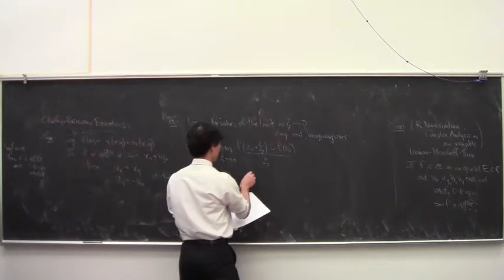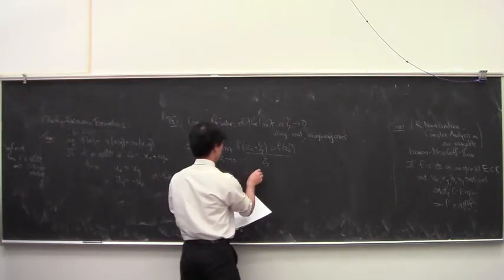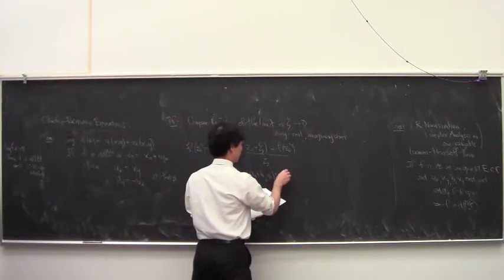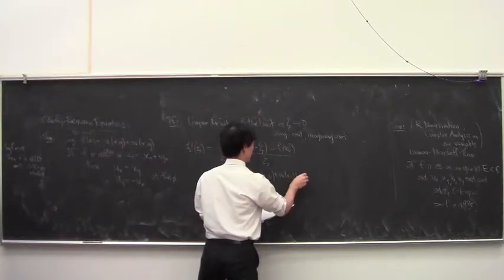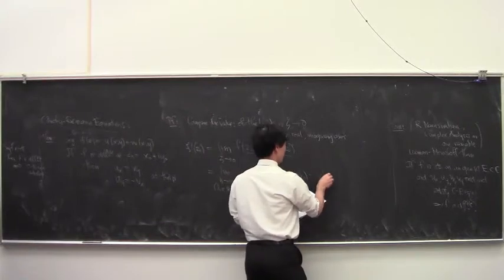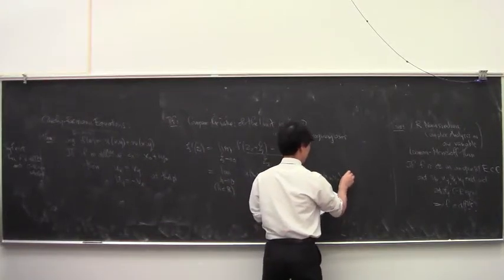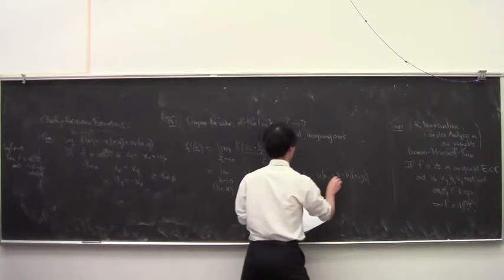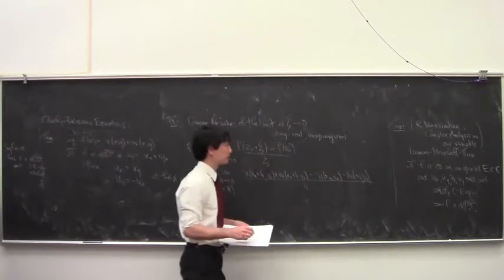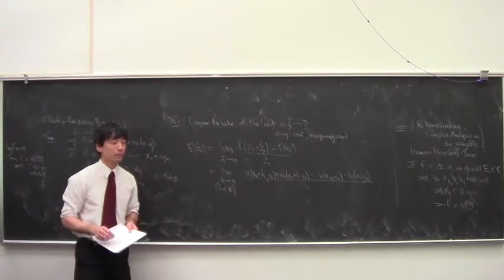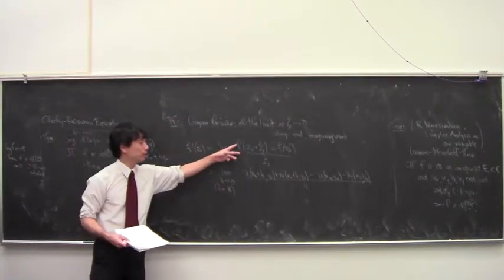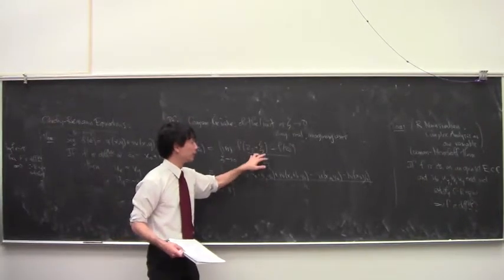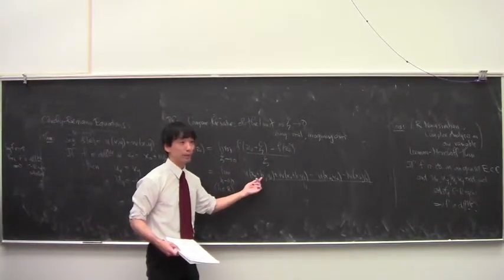So when we write it out, this is going to be u of x naught plus h, y naught, plus i v of x naught plus h, y naught, minus u of x naught, y naught, minus i v of x naught, y naught, over h.